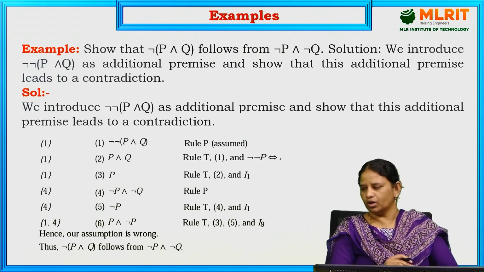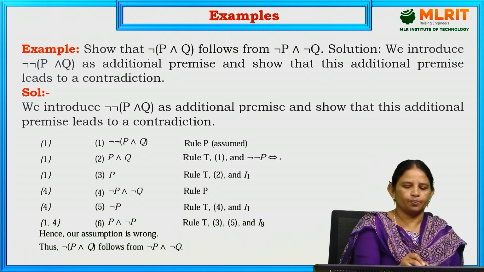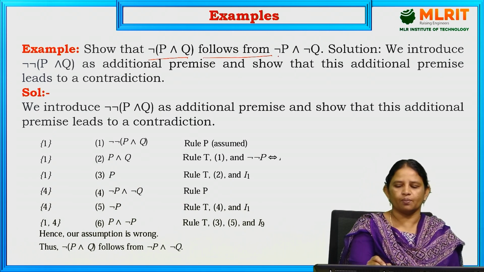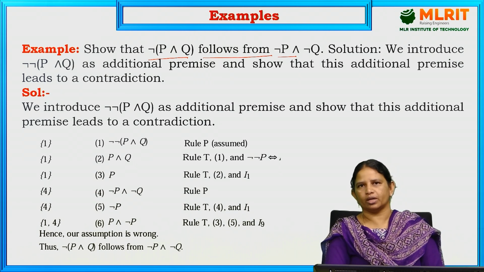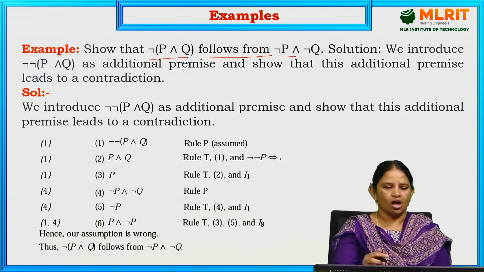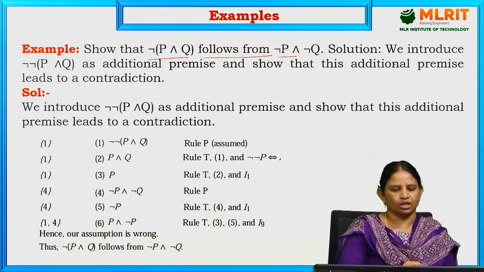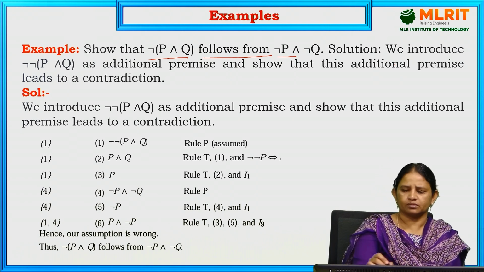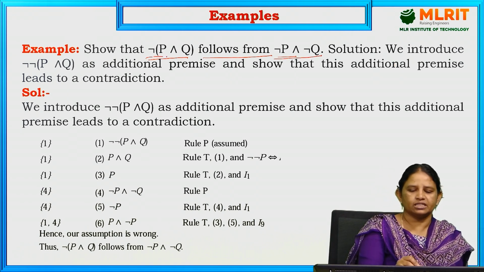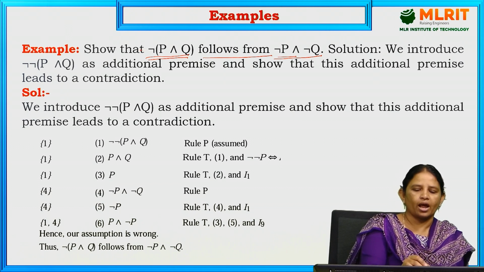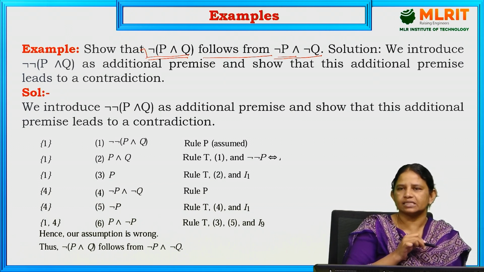Consider the example. Show that negation (P and Q) follows from negation P or negation Q. What do we take as the additional premise? We take the conclusion. The conclusion is negation (P and Q).